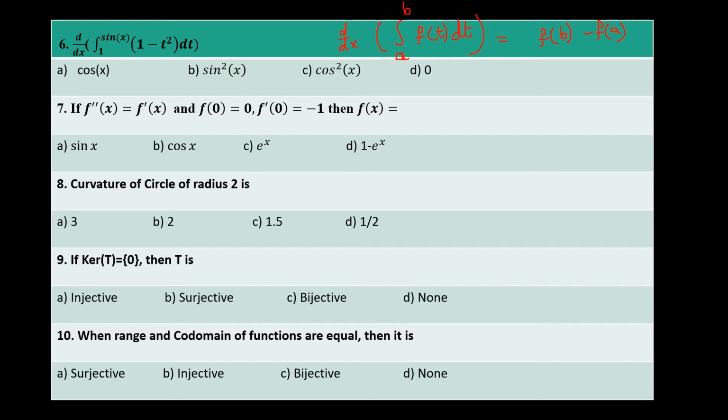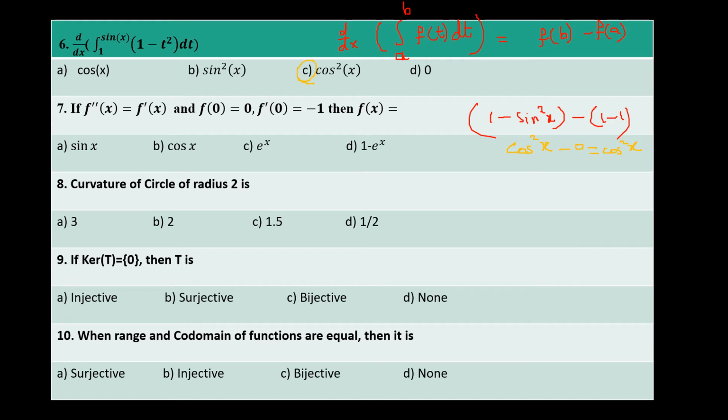So from this we can write 1 minus sin x square, minus 1 minus 1, which makes it 1 minus sin square x, which is cos square x, minus 0. So the answer for this question is cos square x, option C.